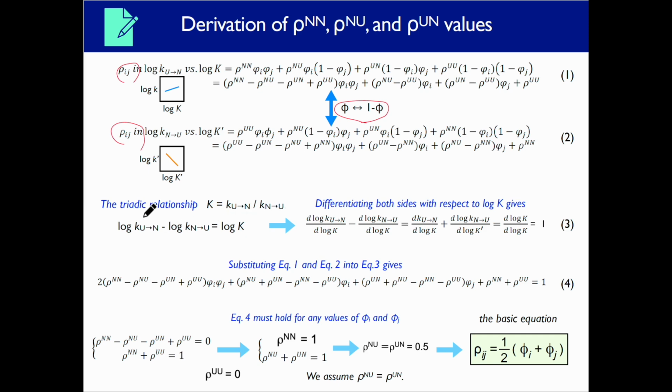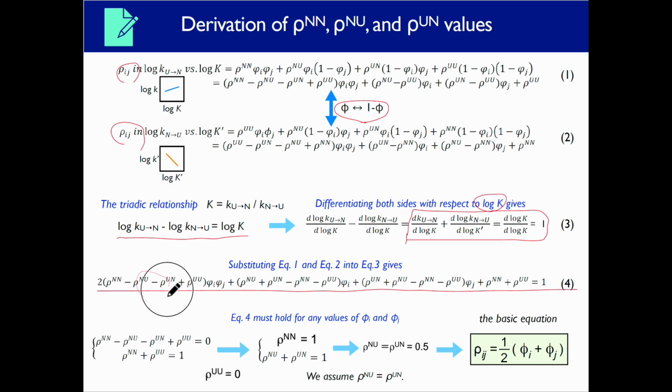And from the triadic relationship, we can obtain this form of equation, and differentiating both sides with respect to log k gives equation 3. Substituting these two equations into equation 3 gives equation 4. And this equation must hold for any values of phi i and phi j, so these coefficients must be 0 or just 1.